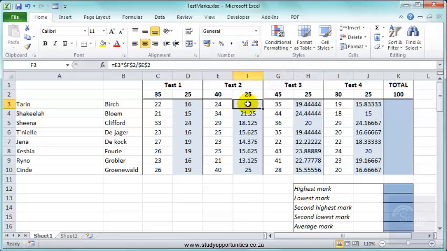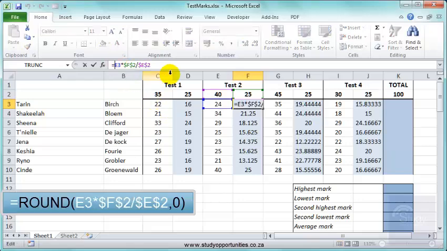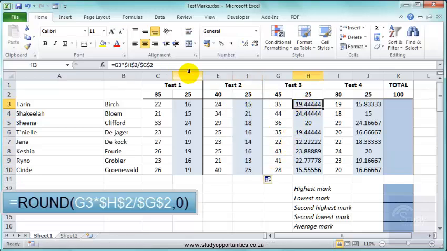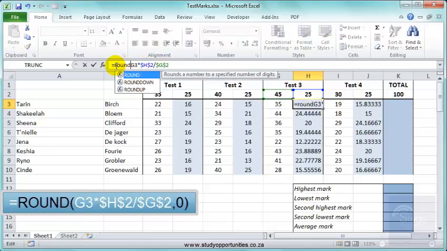This one, let me do it again. Round, open bracket. I want it rounded to a whole number, so it's comma, naught, close bracket. Enter. Pull down. Do it here. Round, open bracket.